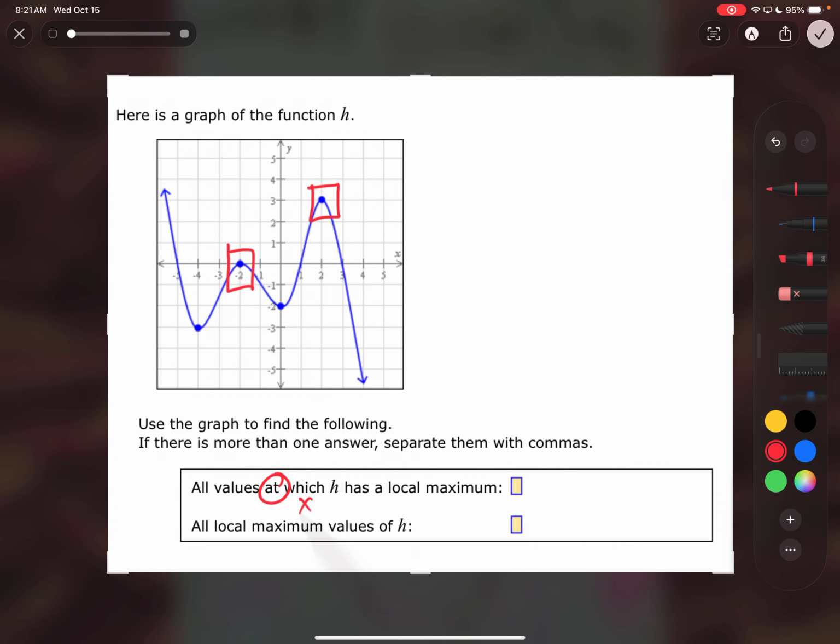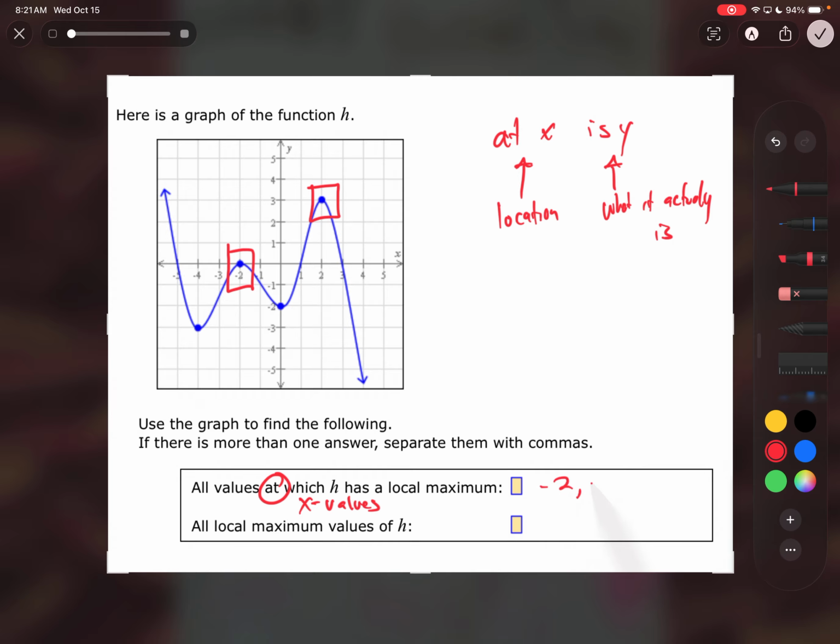So the way I always remember it, at X is Y. This is a location. This tells me what it actually is. All right, so it is at -2 and +2, and then my actual values are the Y values. What are they? It would be 0 and 3.